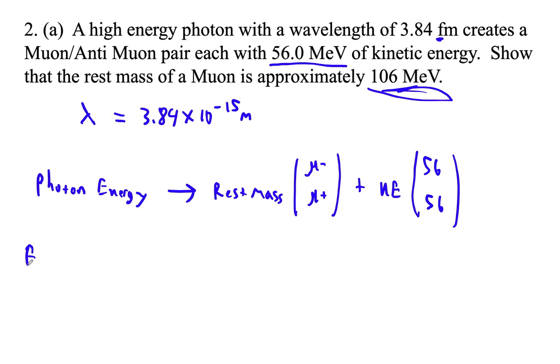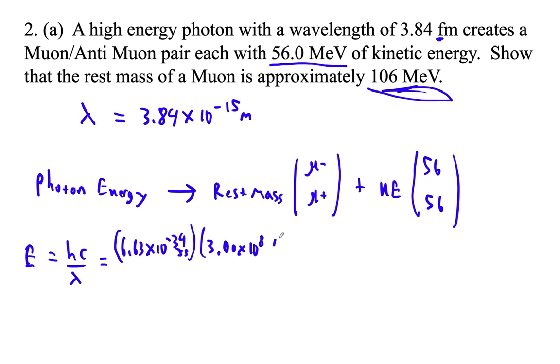Energy is hc over lambda. So that's going to be 6.63 times 10 to the minus 34th joule seconds, times 3.00 times 10 to the 8th meters per second, and then we're going to divide by that wavelength, 3.84 times 10 to the negative 15th.